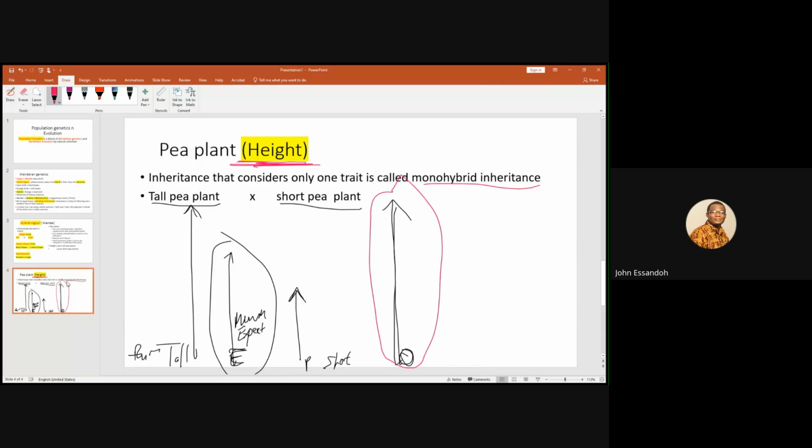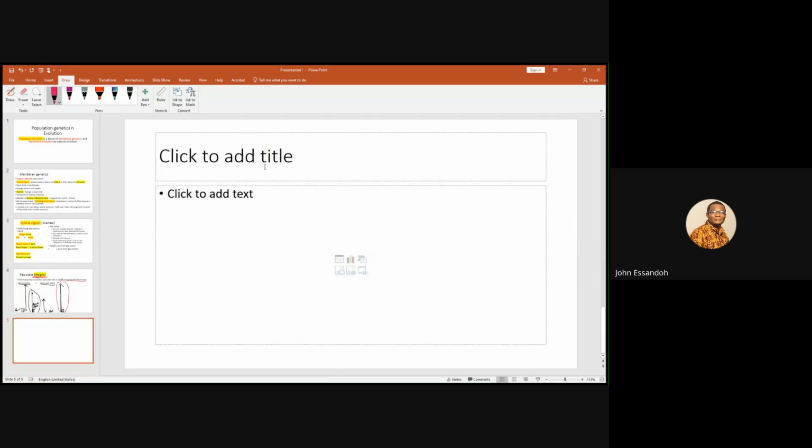Let's take it this way: if you take something like seed texture, and you cross smooth seed with rough seed, and then offspring came out, all of them were what?